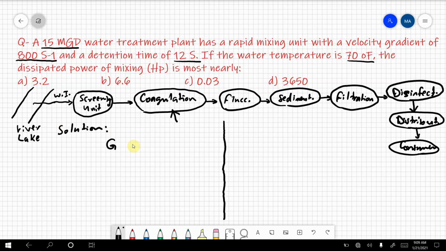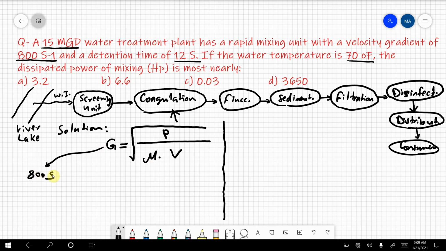In the mixing equation, we have the velocity gradient, G, equals the square root of the dissipated power, P, divided by the dynamic viscosity of water multiplied by the volume of the mixing tank. So we have our velocity gradient given as 800 seconds to -1, and we have our P as the unknown that we are looking for.